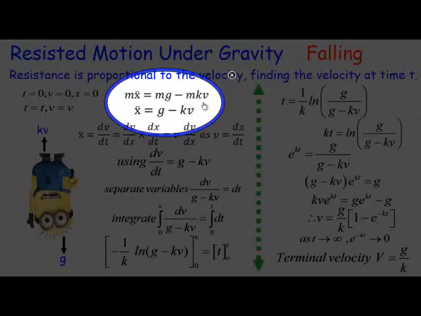So really, when we divide by m, you can see here we just get the equation of motion, which is the acceleration equals g minus kv, or x double dot equals g minus kv.